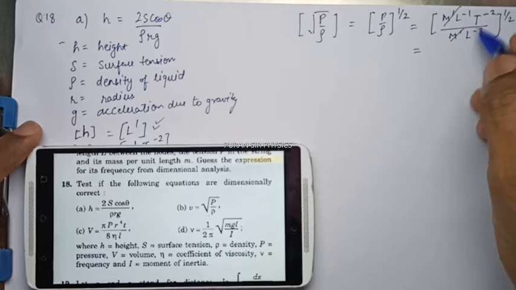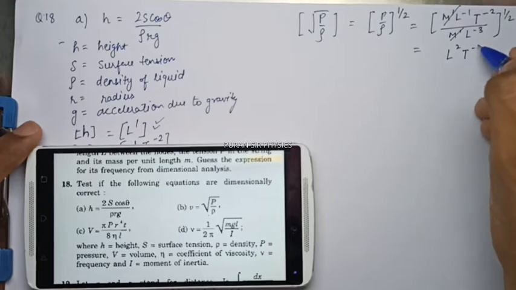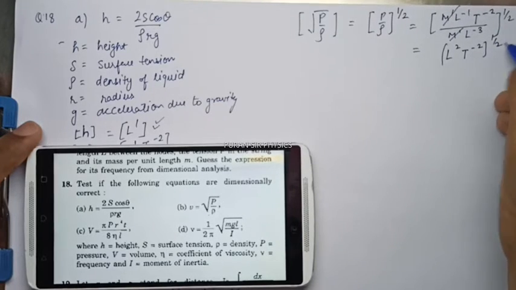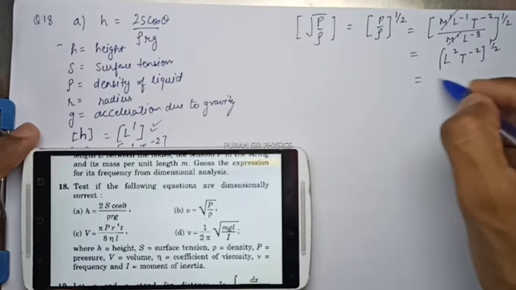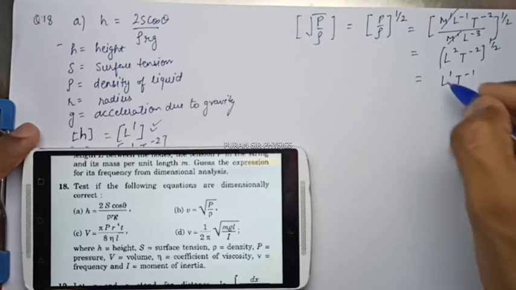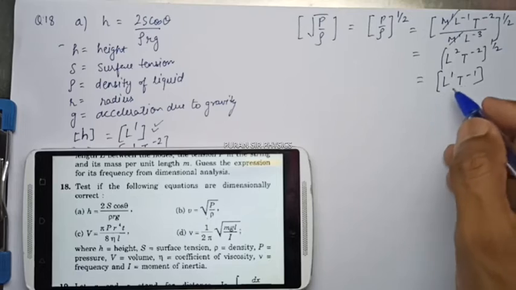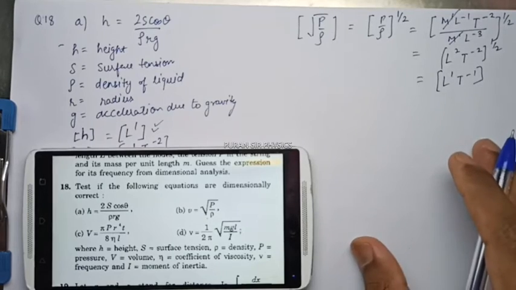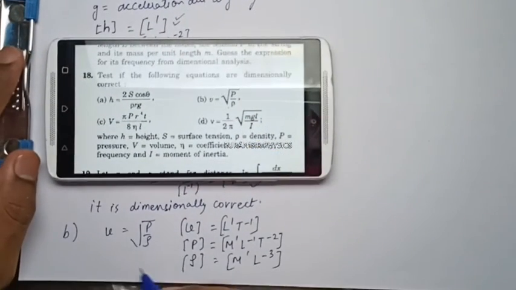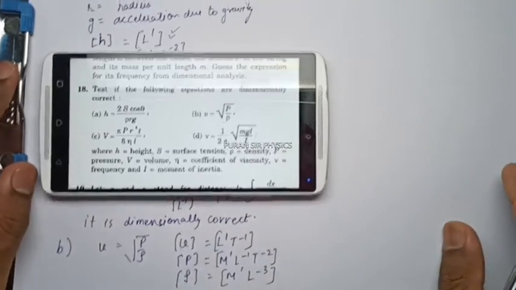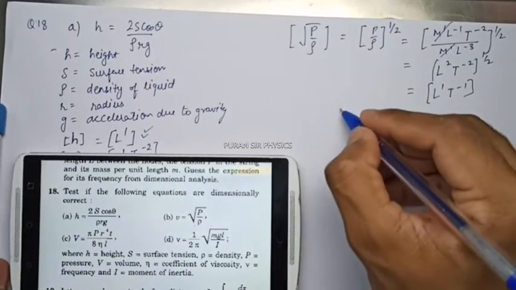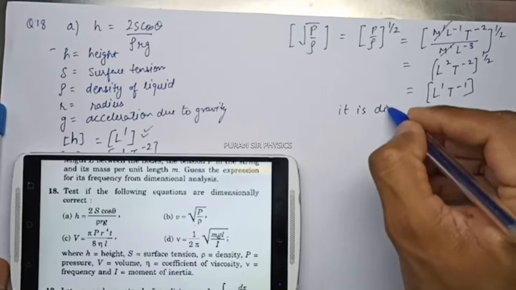So it comes out to be L raised to power 2 T raised to power minus 2, raised to power 1 by 2. So from here we can say it is L raised to power 1 T raised to power minus 1. So again the dimension L raised to power 1 T raised to power minus 1 is the same as the dimension of speed. So we can say it is dimensionally correct.